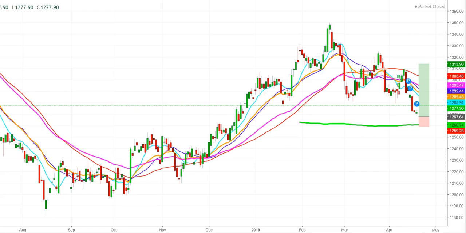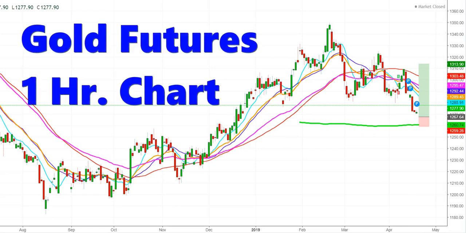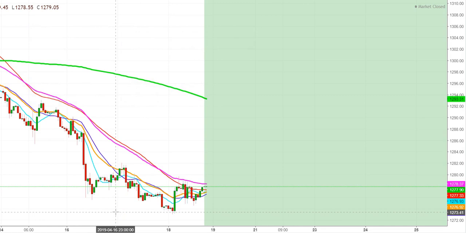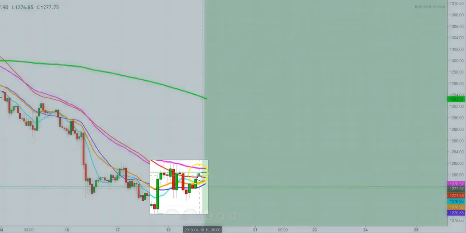Now let us see this chart in an hourly time frame. Here you can see that in an hourly chart, the gold futures have finally found a good support at the level of $1273 before moving upward till the weekly closing on last Friday.